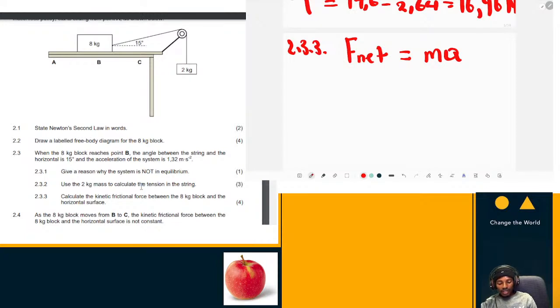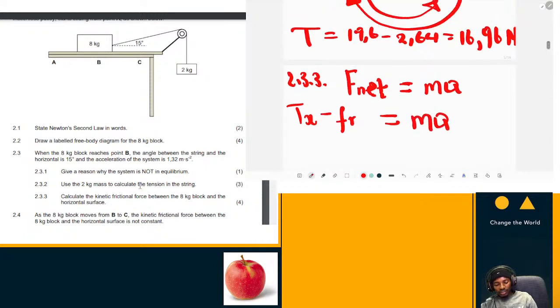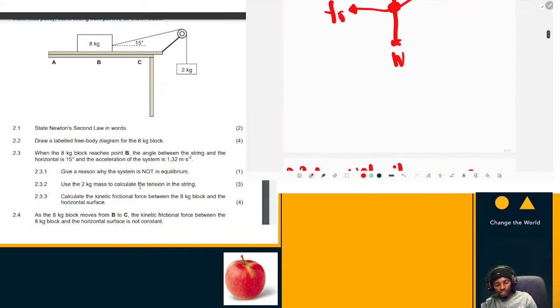Then now we need to consider all the forces which are in the direction of the motion. So we have Tx minus friction equal to ma, according to the free body diagram which we drew on the previous slides.